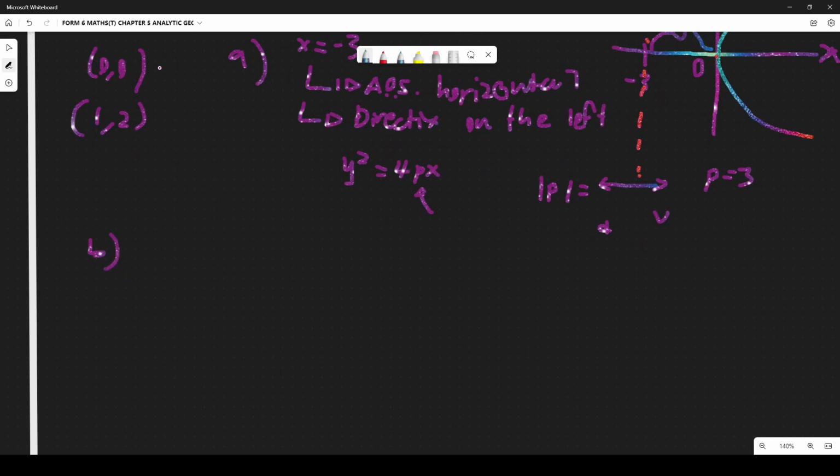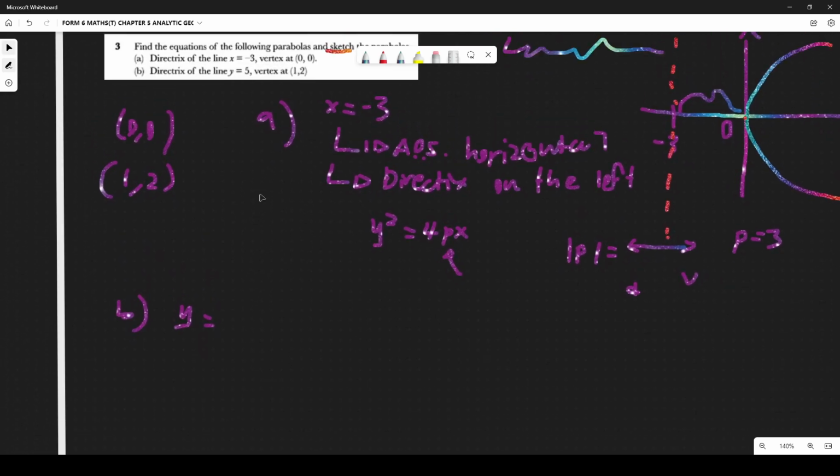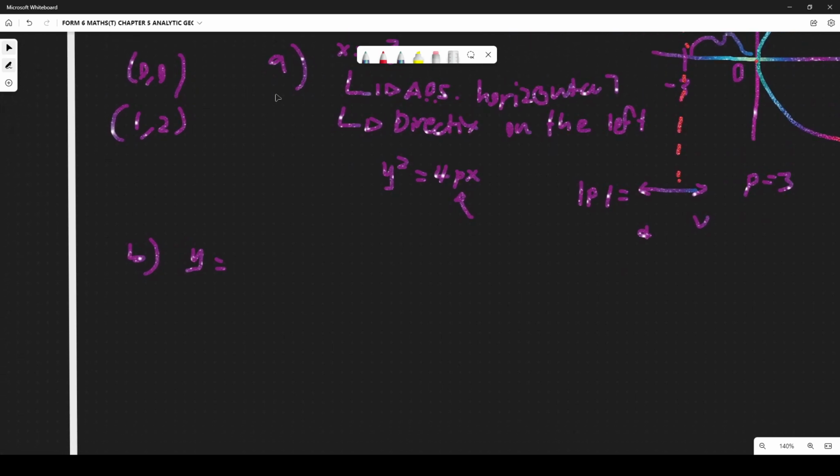Okay, question B. It says y equals 5, and the vertex is 1, 2.